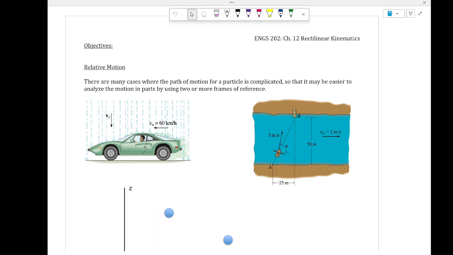Why does this happen? Obviously because your speed is much higher on the highway. Actually the rain is falling at its own speed, the same speed at the exit and on the highway. But because your speed is higher, the relative speed you see is different. So that's the same kind of application here, and another application is on the side.